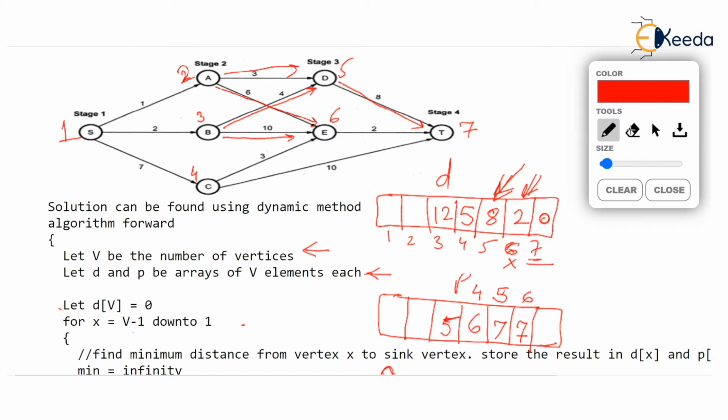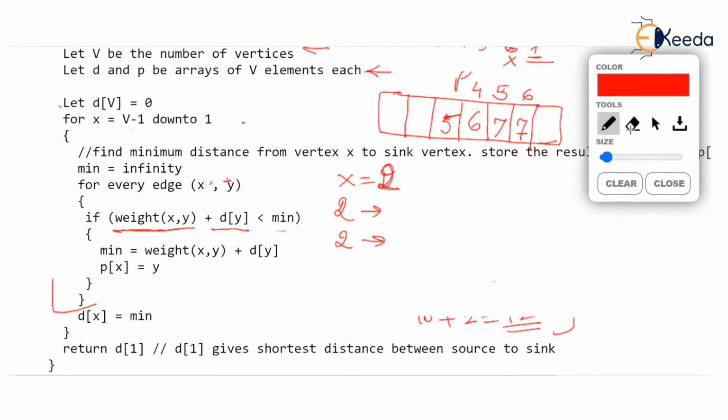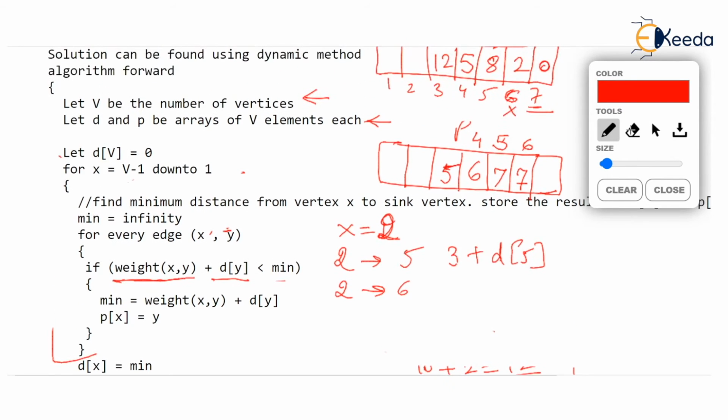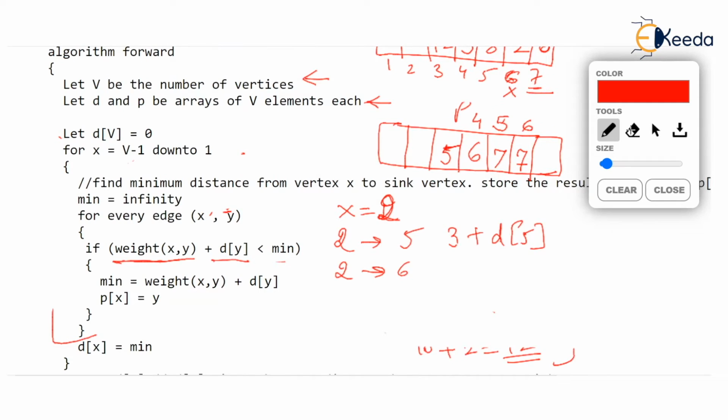Only two edges are there. So 2 to 5, as you see, is 3, and 2 to 6 is 6. So 3 and 6. So 2 to 5 and 2 to 6. Now the weight over here is 3. And what is d5? d5 we have already found in the earlier pass, and d5 is 8. This is going to be 3 plus 8, which is 11.